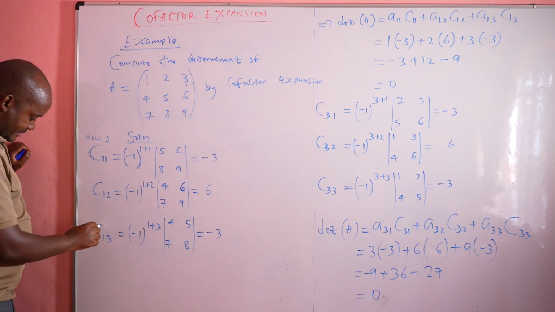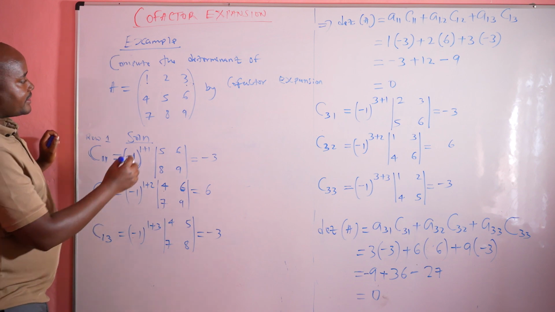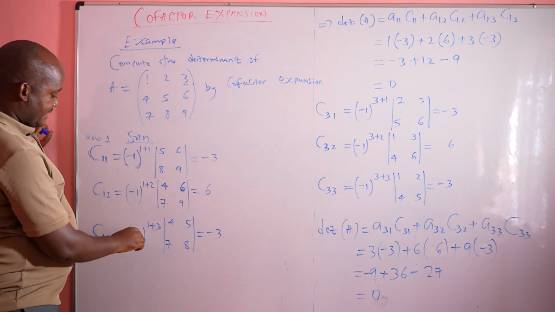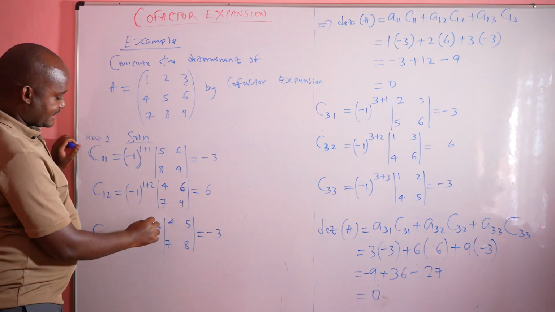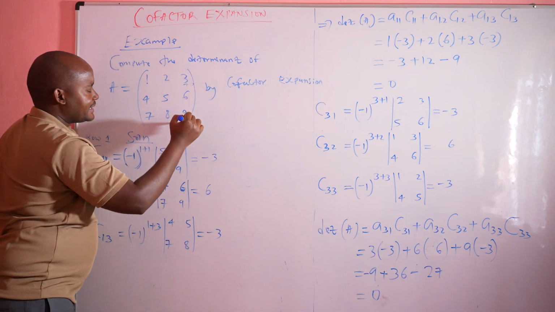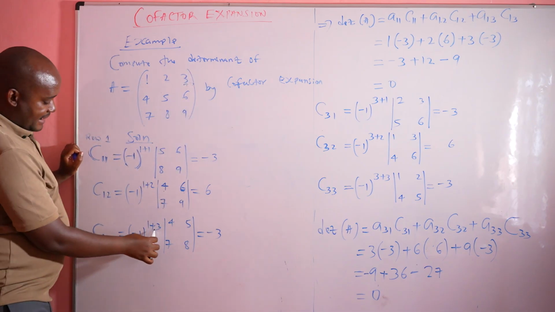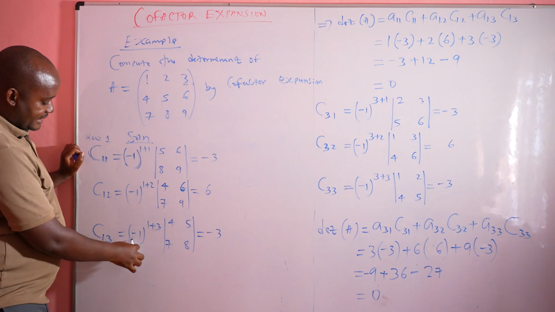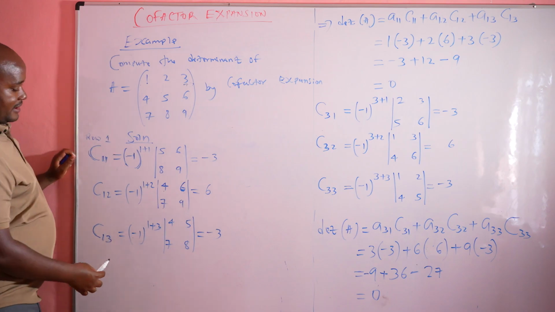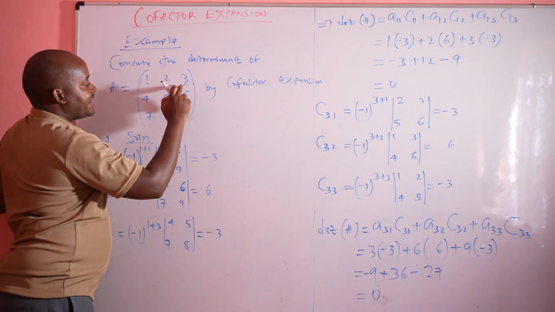The third one is the cofactor C13, corresponding to this entry 3 here. It equals negative 1 raised to the power of 1 plus 3, because 3 is in row 1 and column 3. So 1 plus 3 gives 4, and negative 1 raised to the power of 4 gives positive 1. But again, we are multiplying this by the minor.